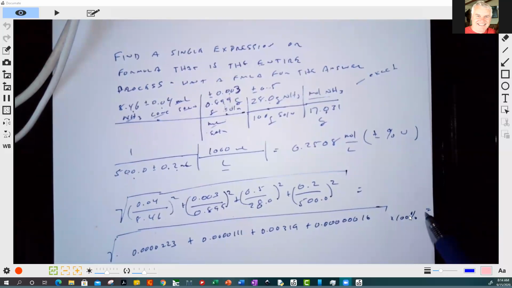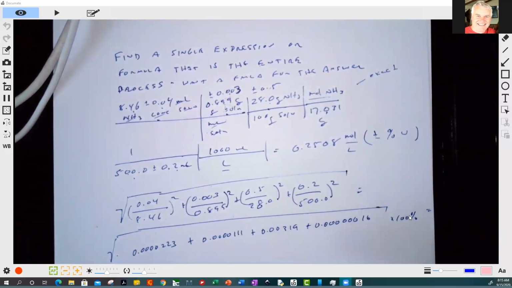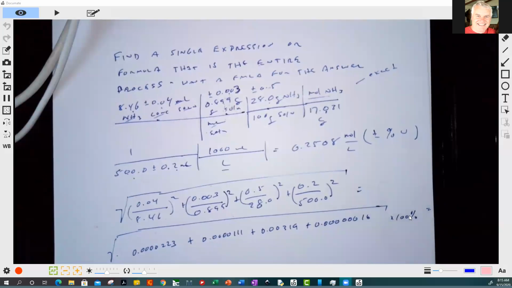And then this will equal 0.0000353 square root of that. Okay. So what I wanted to show you a little bit was where this number came from.